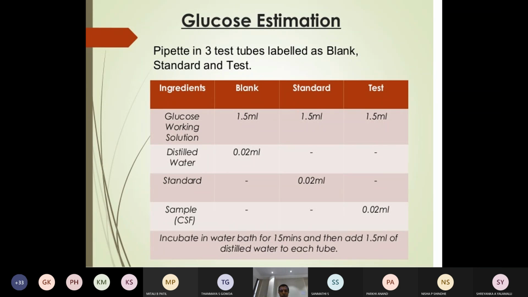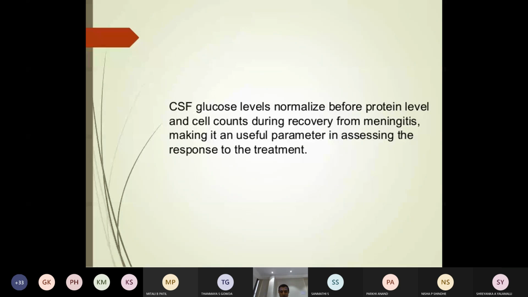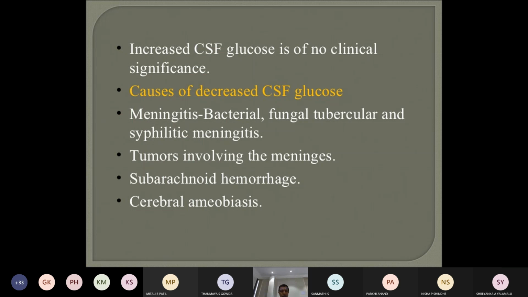Then you estimate it colorimetrically, as for a particular parameter. CSF glucose level normalizes before protein levels and other things, so it is a useful parameter for monitoring response to treatment. An increase has no clinical significance; if it increases, there are possibilities of other infections.